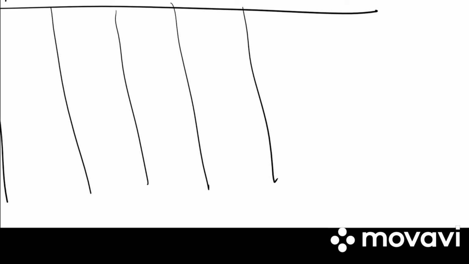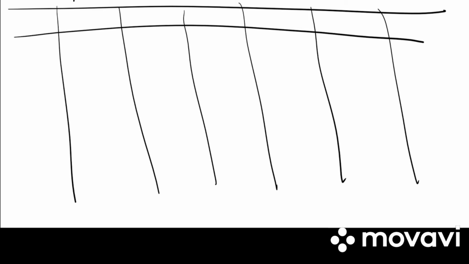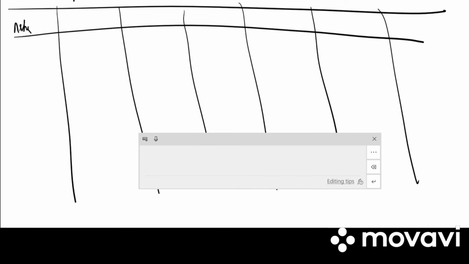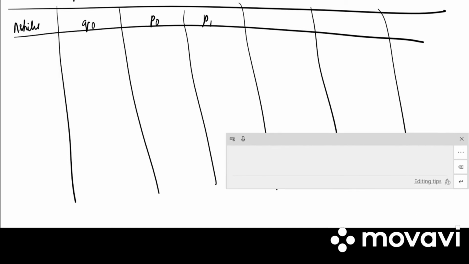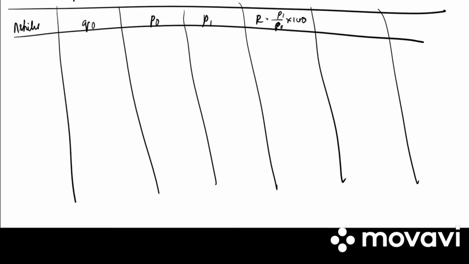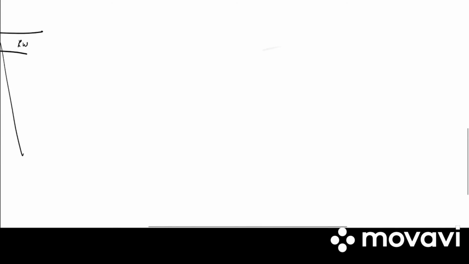We need to find R, W and RW. How do we find R? P1 by P0 into 100. Next we have W, that is P0 into Q0, and then we have RW.